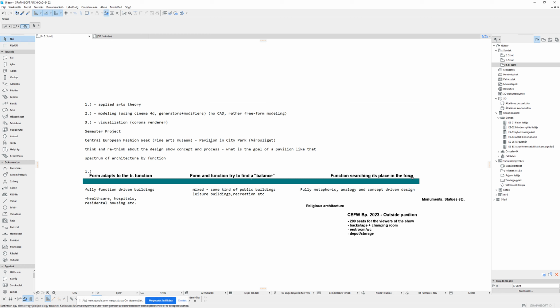But maybe the form, and maybe the structure, which creates the fusion between them, maybe we can think the form as the tool of the expression of a concept or analogy or metaphor, call it however you want.